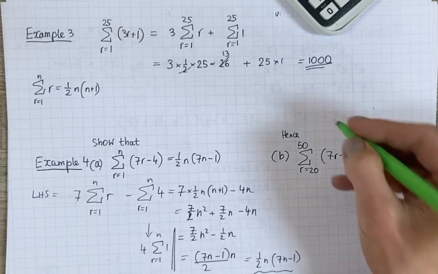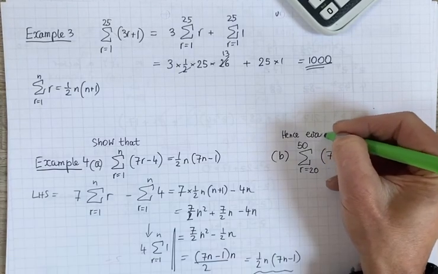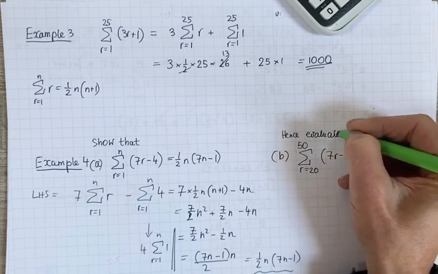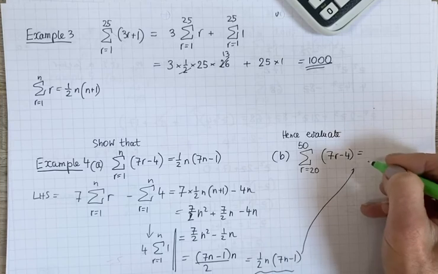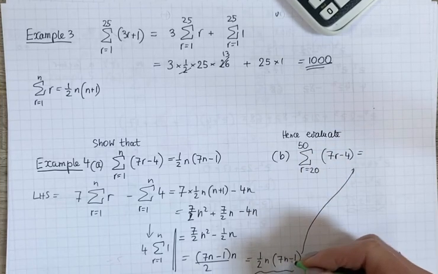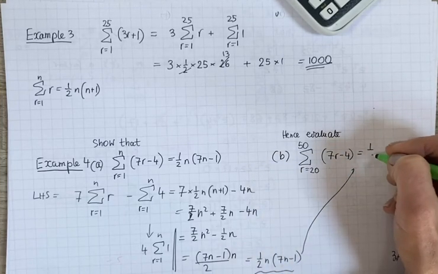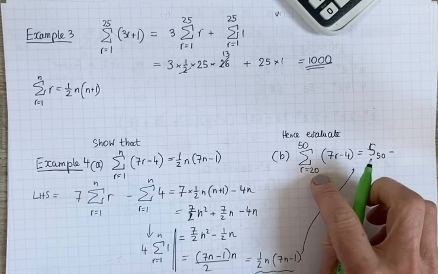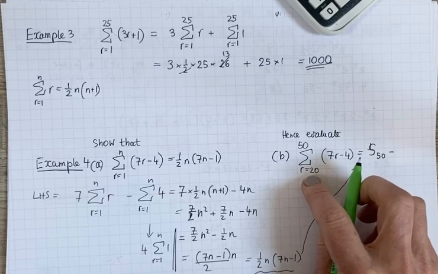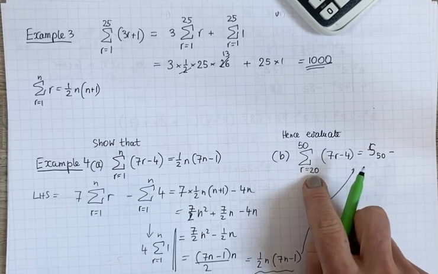Now it says, hence evaluate. So in this case, you're using the results from the previous part, which is a half of n times 7n minus 1, and you put 50 in, because you're going to find the sum of 50 terms, and that would start from 1. So you need to subtract all the terms you don't want.